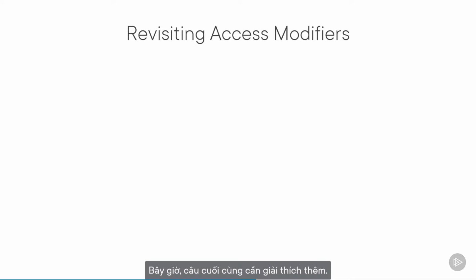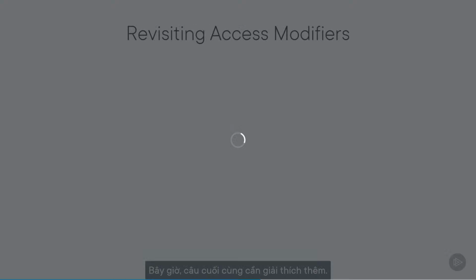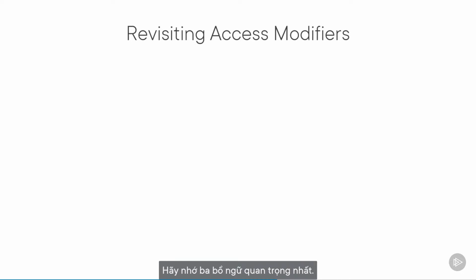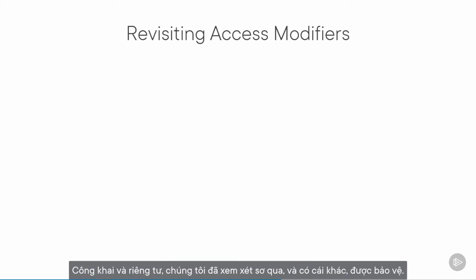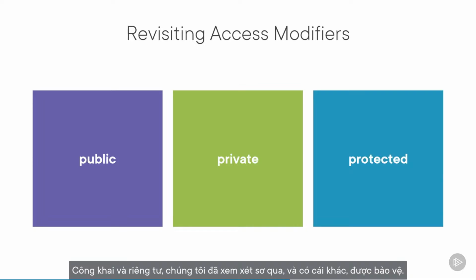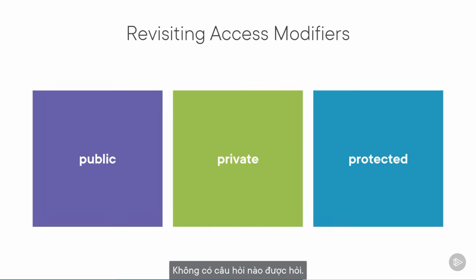Now, that last sentence does require some extra explanation. The derived class can access some members of the base class. This is where access modifiers start playing an important role. Remember the three most important modifiers: public and private, we've already looked at briefly, and there's that other one, protected. When using inheritance, the derived class can access the public members from the parent, no questions asked.